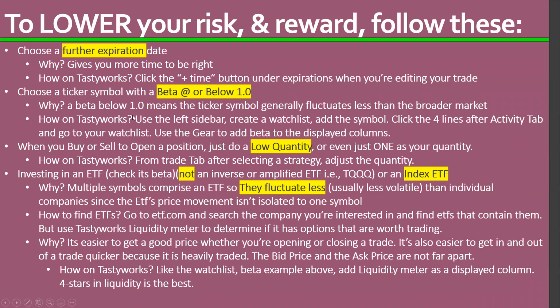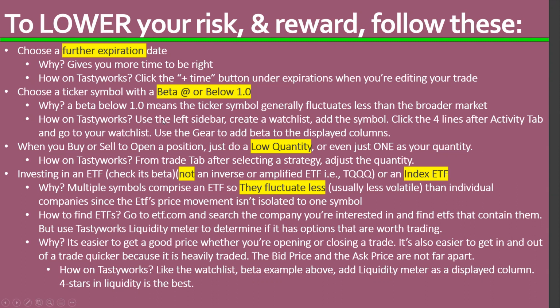If it's below 1.0, that symbol generally fluctuates less than the broad market. In other words, it's not moving around a whole lot. It'll move, but not quite as much as the broad market, specifically the S&P 500 index.